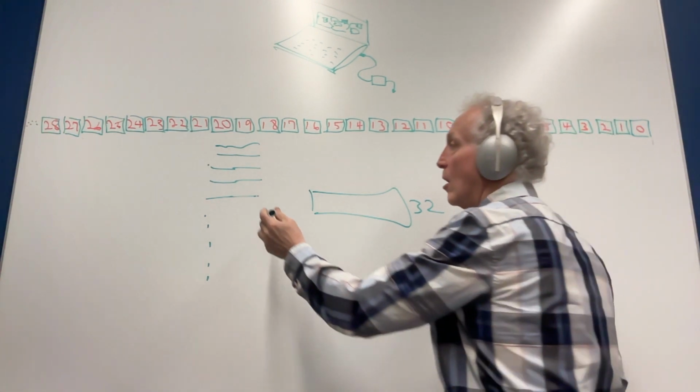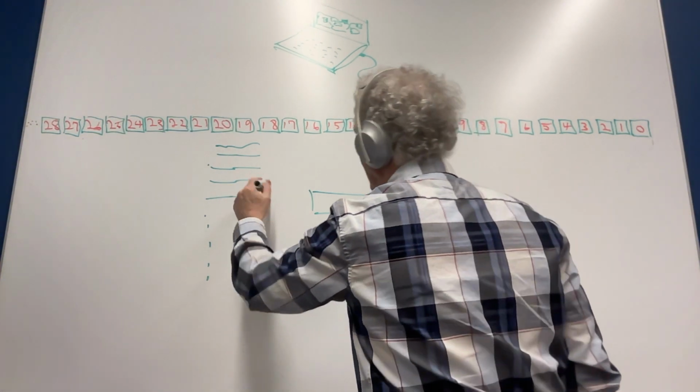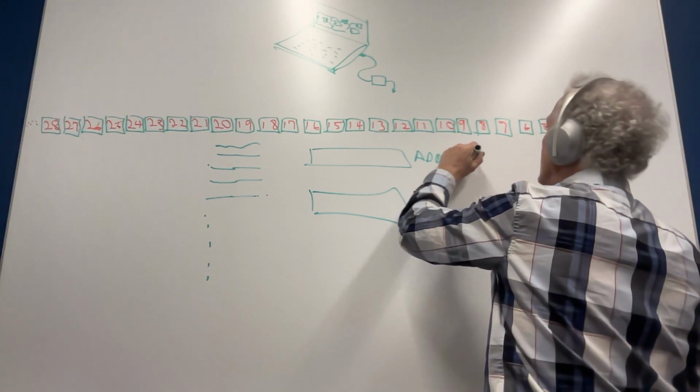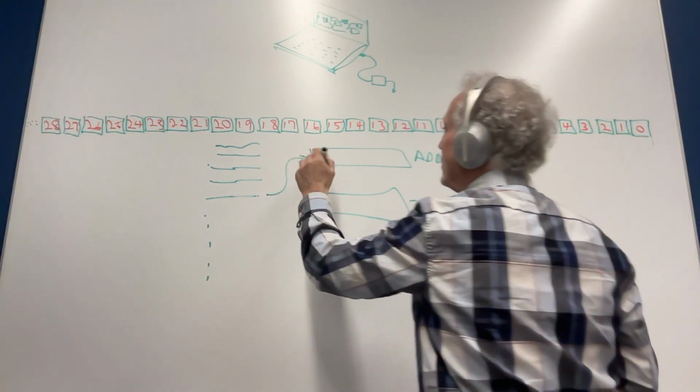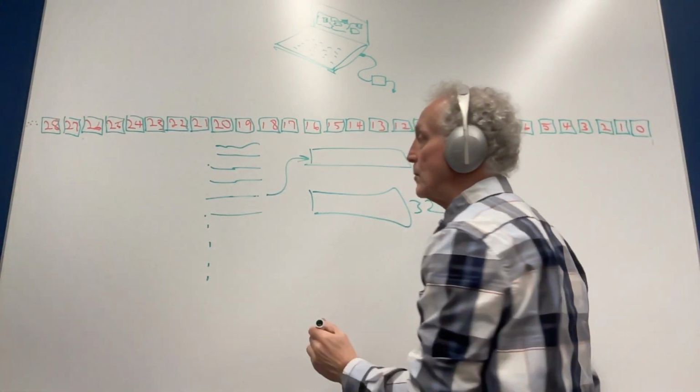If it was adding two numbers, we store the addition into a particular memory location. And then the next instruction is going to be the readback.